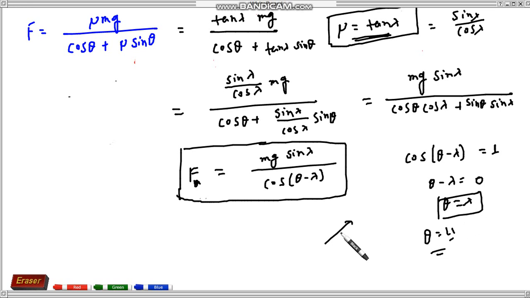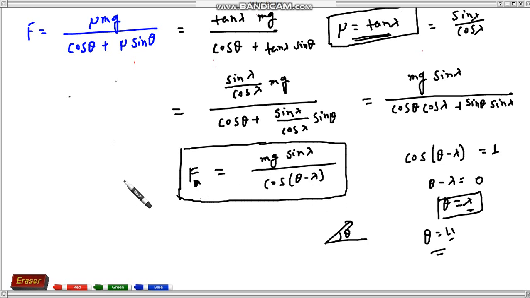So the force acting at an angle theta, when this theta will be equal to the angle of friction, in that situation the minimum force required to just slip the object through the floor is mg sin lambda by cos of theta minus lambda, but cos of theta minus lambda is 1 in that condition.